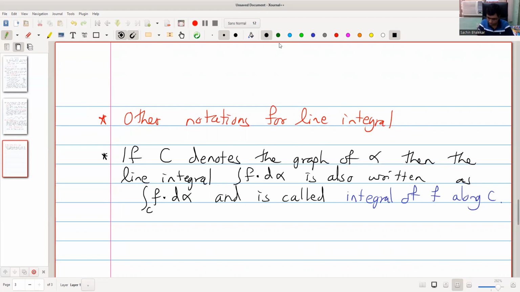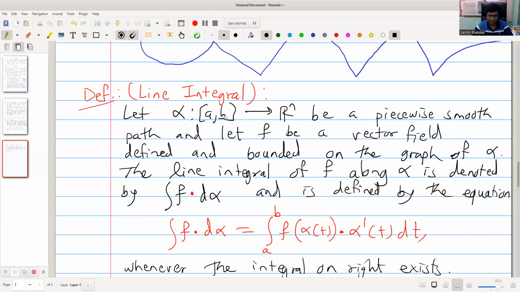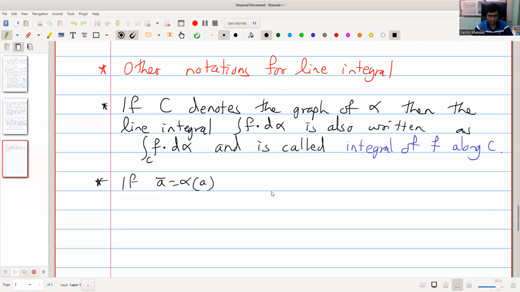Next, the vector a bar is nothing but alpha of the initial point in that interval. Our domain of alpha is the interval AB. So if the initial point is vector A bar, and vector B bar is alpha at point B. Note that this small a is a real number, while this A bar is a vector.